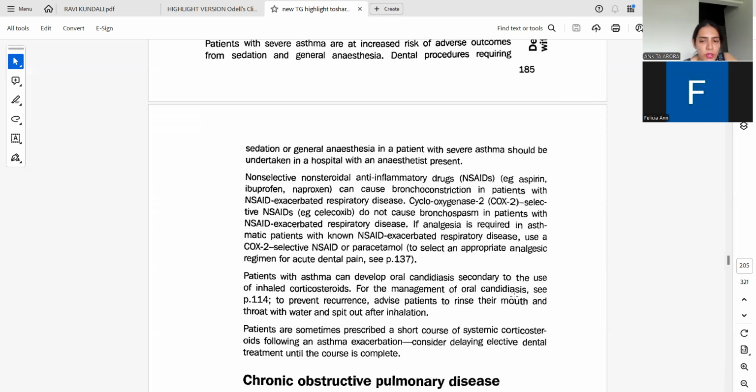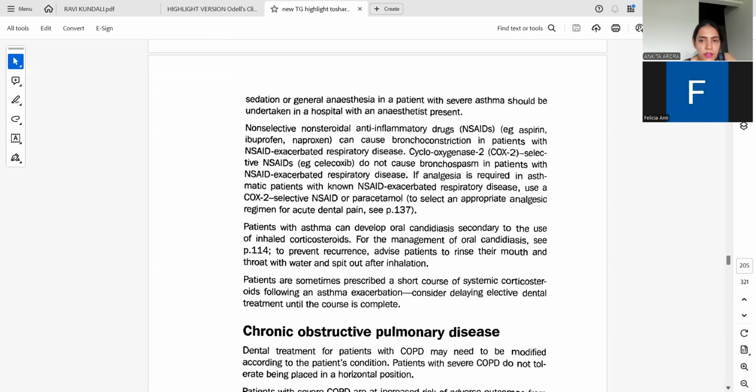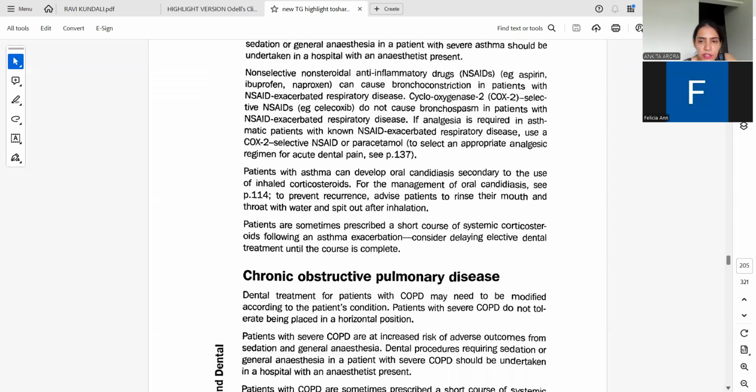For the management of oral candidiasis, it was what we covered in the oral mucosal lesions, the same protocol of correcting the underlying disease and antifungal agents. To prevent recurrence, advise patients to rinse their mouth and throat with water and spit out after inhalation. Patients are sometimes prescribed a short course of systemic corticosteroids following an asthma exacerbation. Consider delaying elective dental treatment until the course is complete.